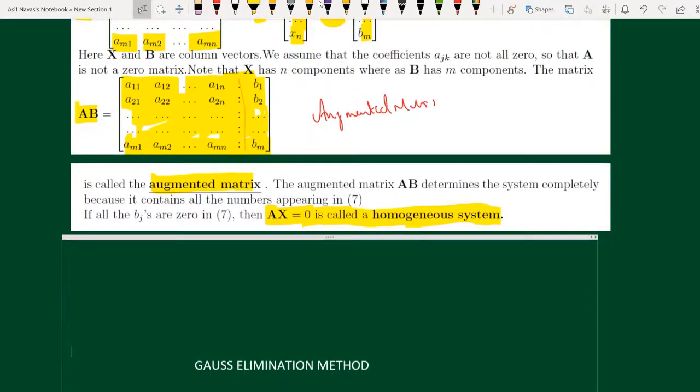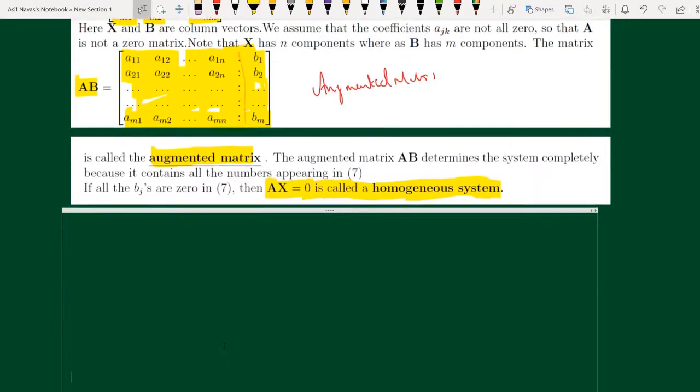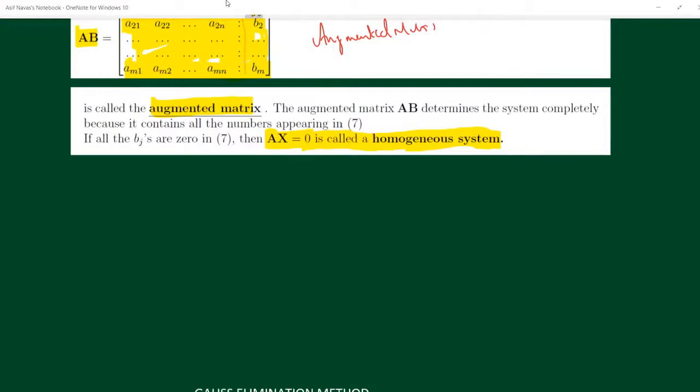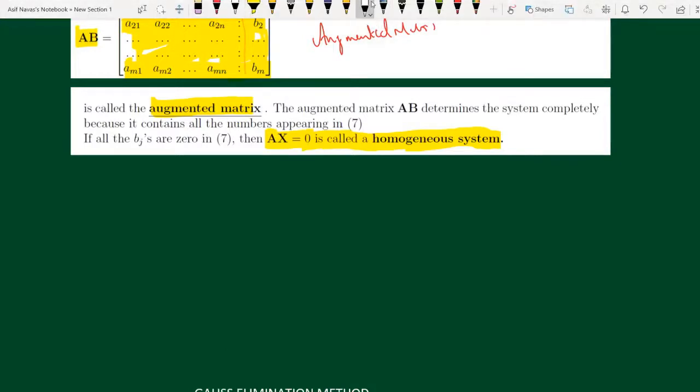Before that, I will give you an example. If you have a system like x1 plus 2x2 is equal to 3, and 3x1 plus x2 is equal to 4. This is a system of equations. What are the unknowns? x1 and x2.